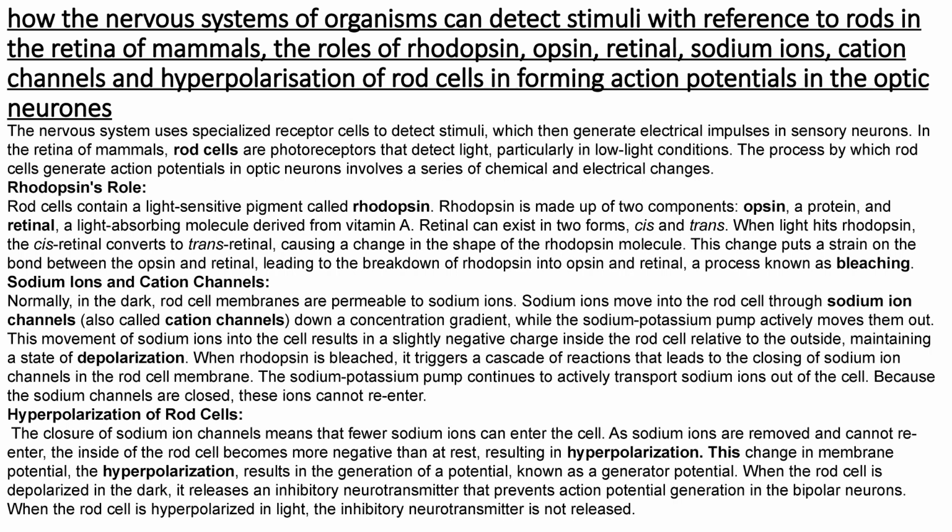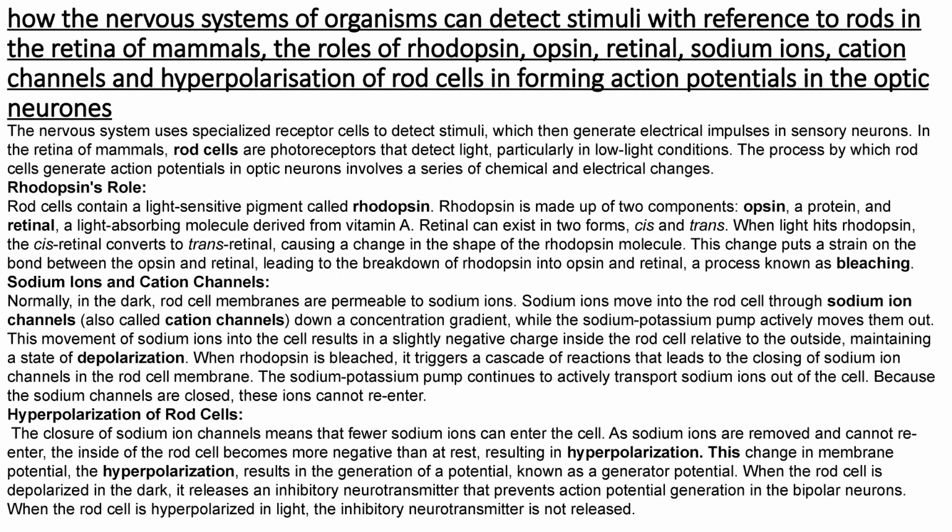Next is how the nervous systems of organisms detect stimuli, with reference to rods in the retina of mammals, the roles of rhodopsin, opsin, retinal, sodium ions, cation channels, and hyperpolarization of rods in forming action potential in the optic neurons. Now, the nervous system uses specialized receptor cells to detect stimuli, which then generate electrical impulses in sensory neurons.